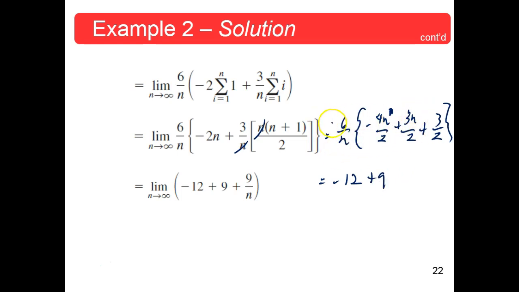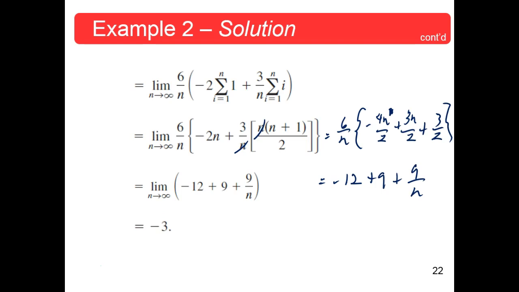The 2 will go into 6, 3, 3. So that's plus 9. And then this will be plus 9 over n. Yeah, and that's what they got. Okay? So this will be minus 3 plus 9 over n. Limit is n goes to infinity. That goes to 0. That gives you minus 3. Okay. There we have it. Minus 3.